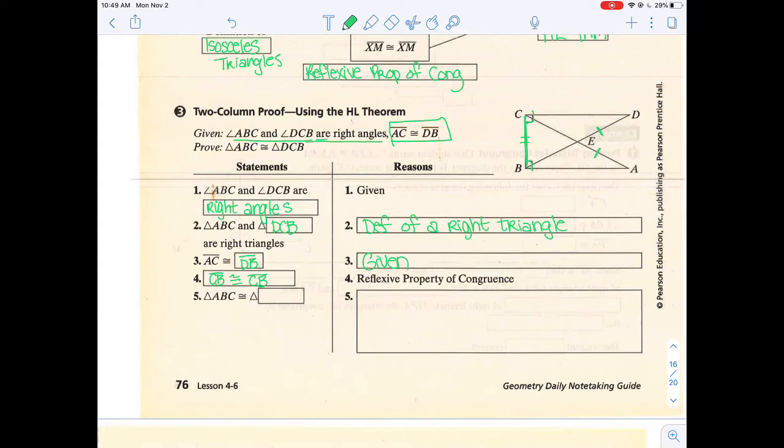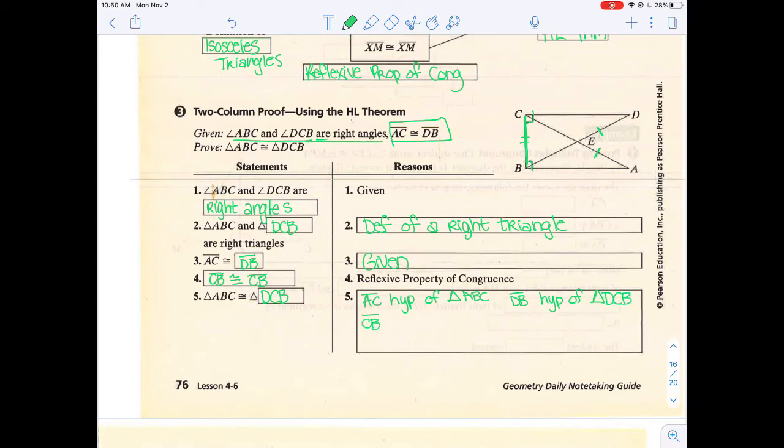And then we know that triangle ABC is congruent to triangle DCB. We're going to make a couple notes here. So AC is the hypotenuse of triangle ABC. DB is the hypotenuse of triangle DCB.